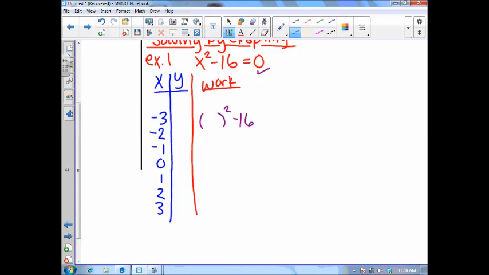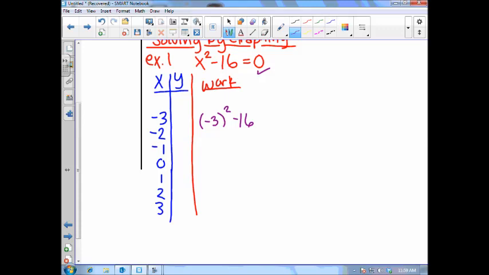Okay, so our first one to plug in is -3. So I'll plug in -3. What's -3 squared? And then minus 16. You can even do that without a calculator. Okay, well, what's -3 squared?